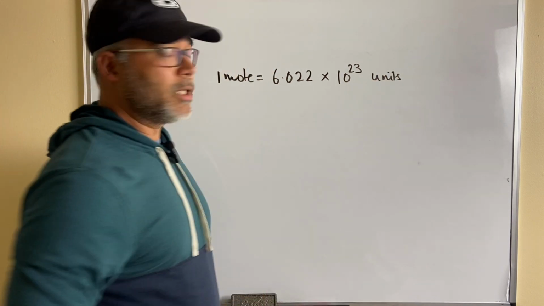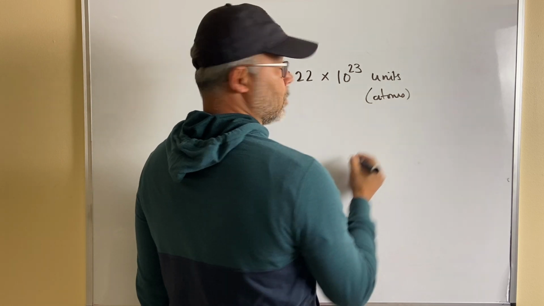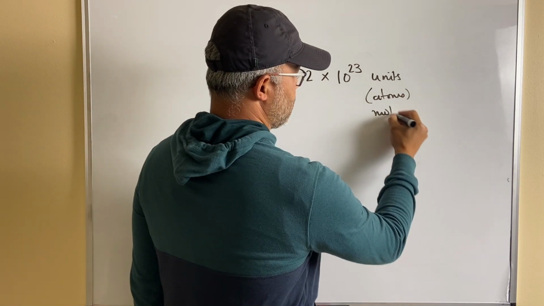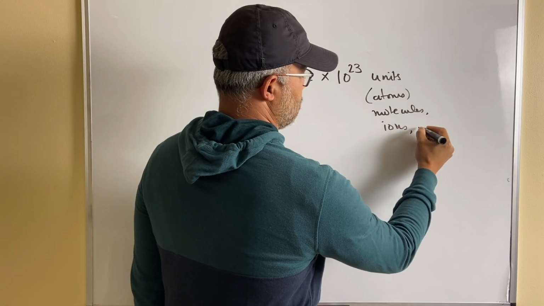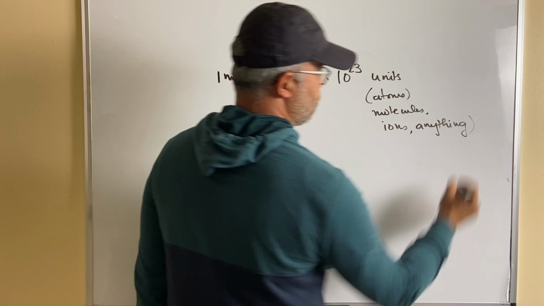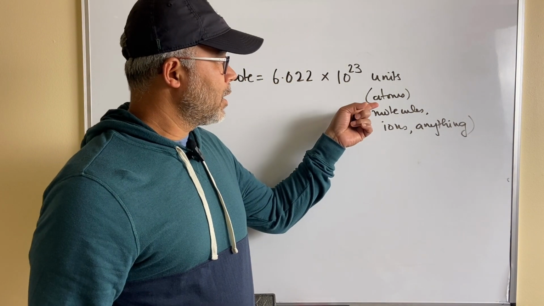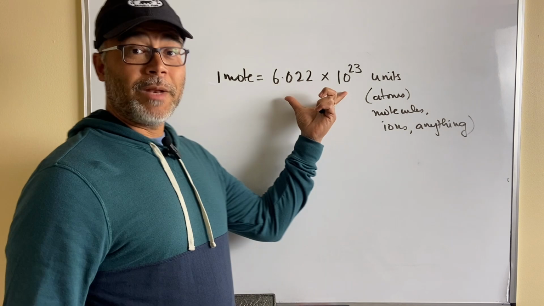So why do we say units? Because units could be atoms, it could be molecules, could be ions, could be essentially anything. But since we're learning chemistry, we will typically use either atoms, molecules, or ions. Okay, so that's how many units.